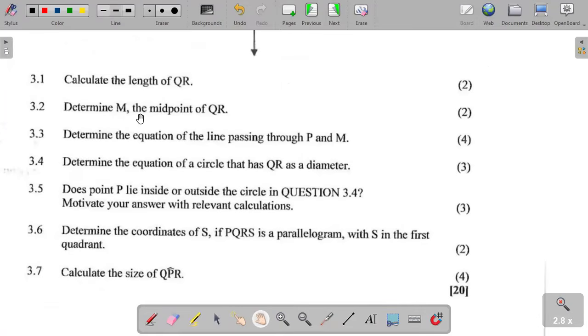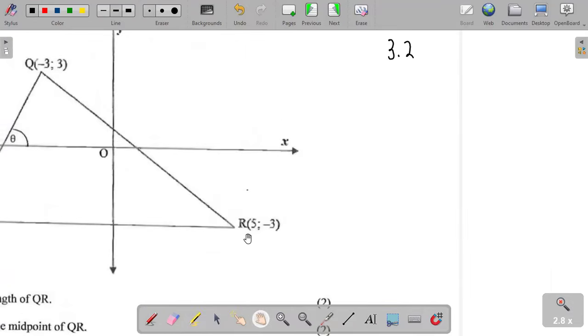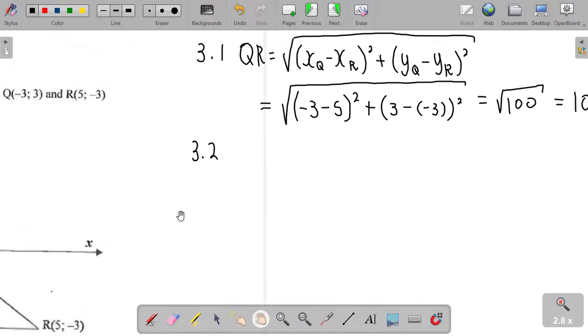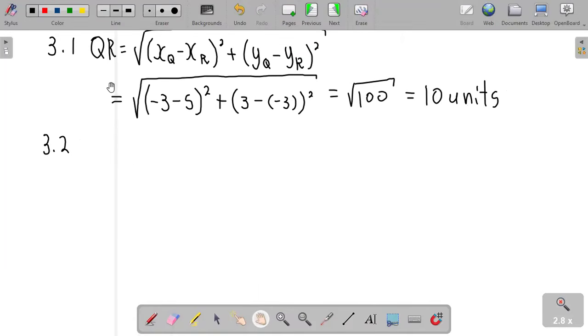3.2 Determine M, the midpoint of QR. Okay, so we must go to QR and find the midpoint. So midpoint is (x2 plus x1) over 2, and then (y2 plus y1) over 2.